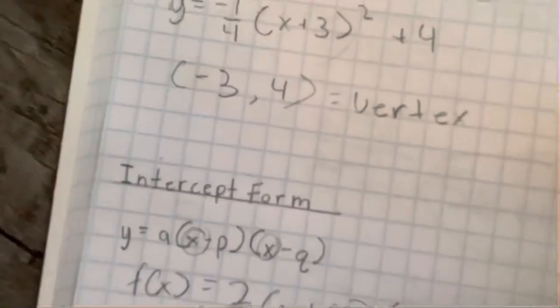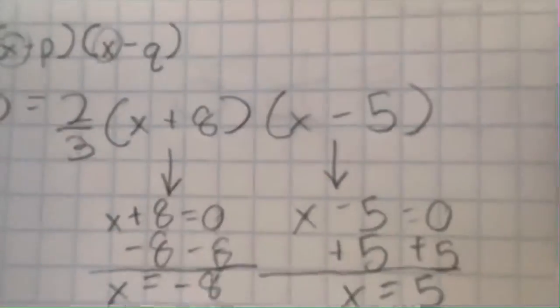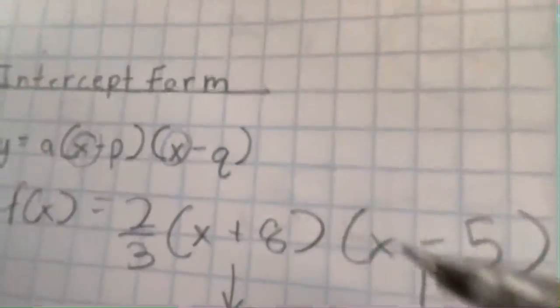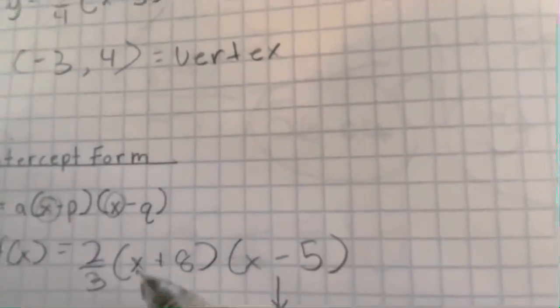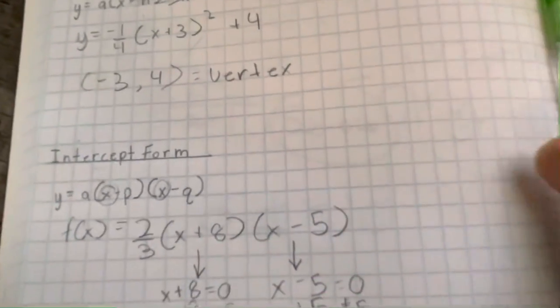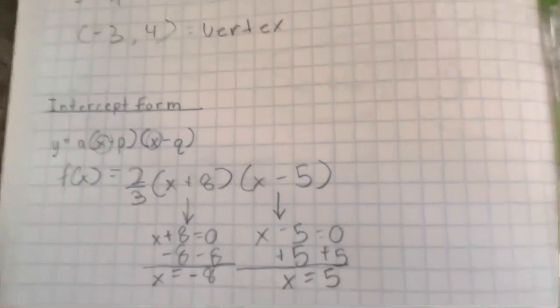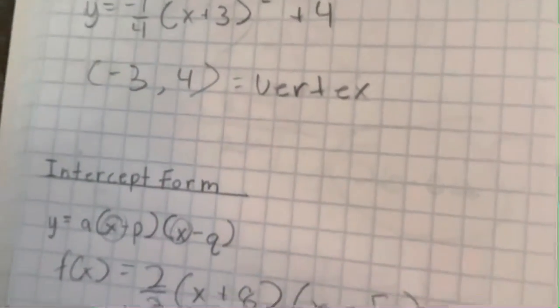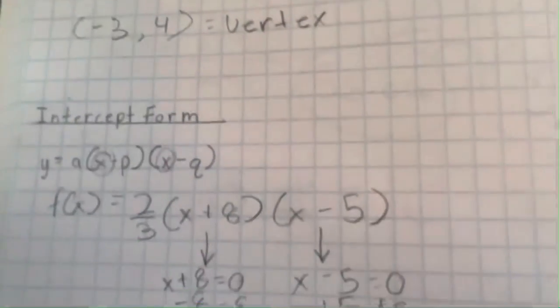Now you're thinking, how do we find the vertex? Well, that's also pretty easy. One thing I forgot to mention: the vertex is in the middle of the 2 roots, on the axis of symmetry.